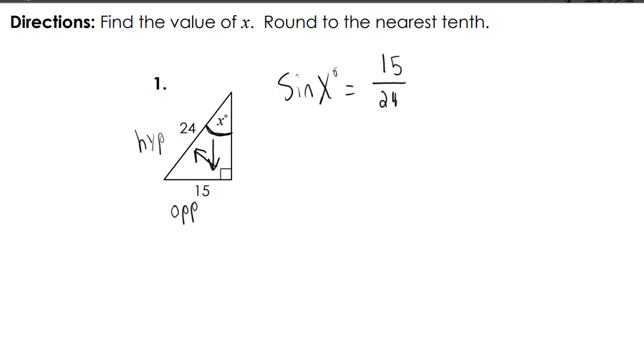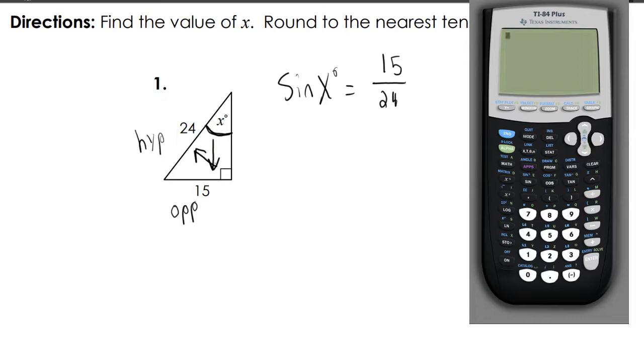So you can go in your calculator and type in 15 divided by 24, hit enter, and you get 0.625. And if we make this look a little bit simpler, sine of x degrees is equal to 0.625.